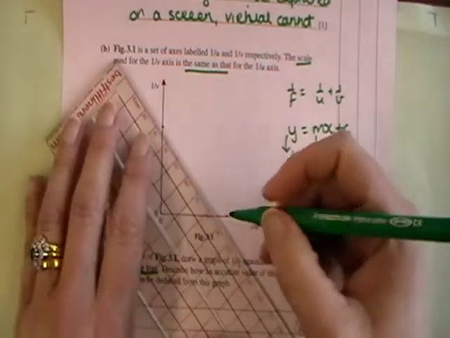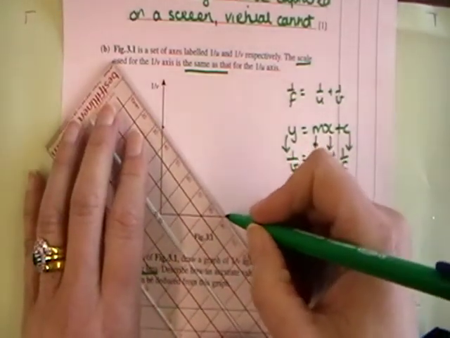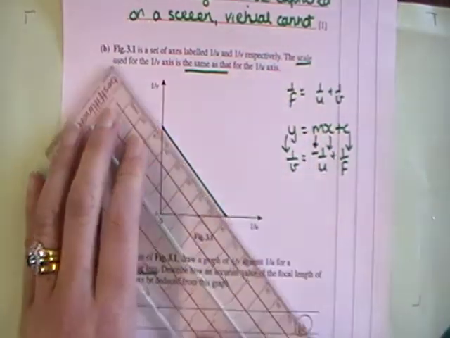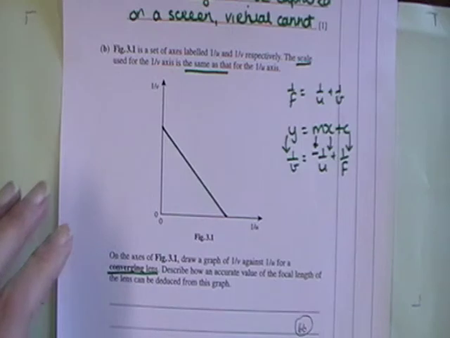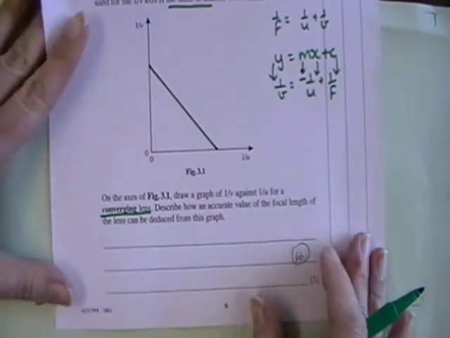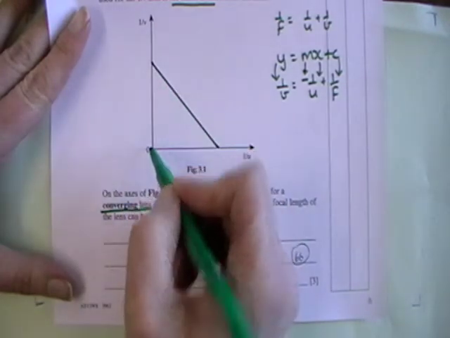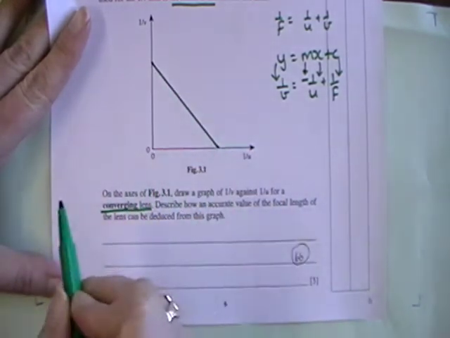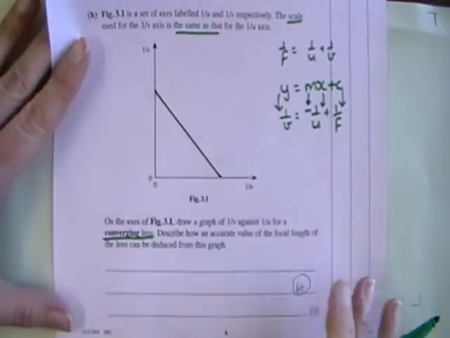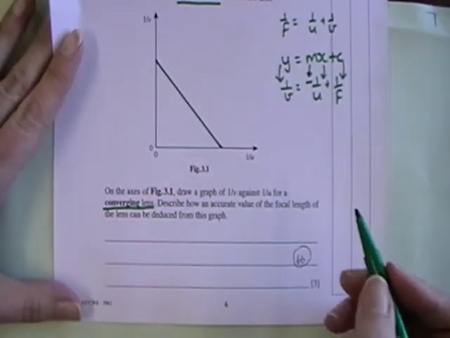You can pick any 2 points that you choose as long as they're equal, and then join those 2 points. That gives us a gradient of -1. So the length on the vertical axis and the length on the horizontal axis must be equal because the information in the question tells you the scale is the same. On the axis, draw the graph.